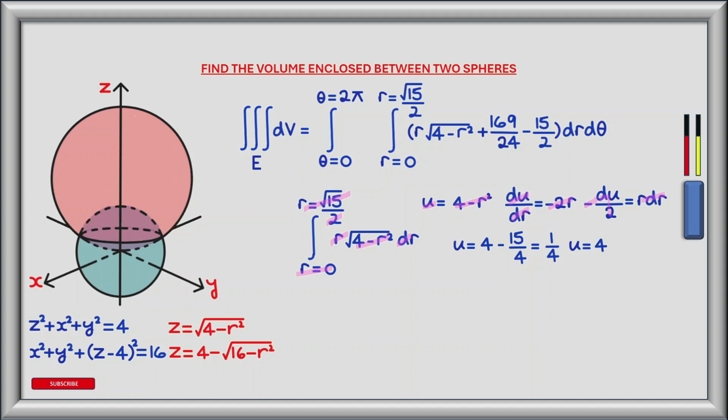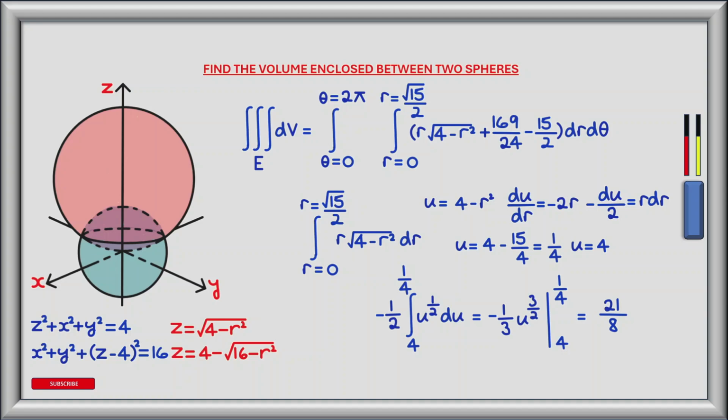And at the same time, we're going to change the limit of integration. So the upper limit of integration becomes u is equal to 4 minus 15 divided by 4, which is equal to 1/4. And the lower limit of integration becomes u equals 4.